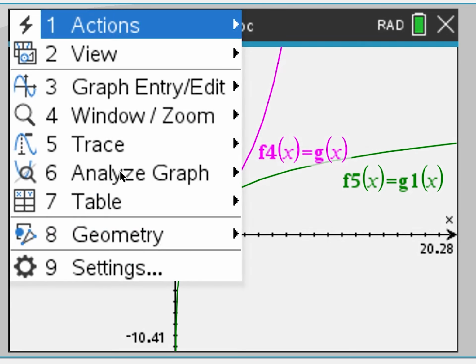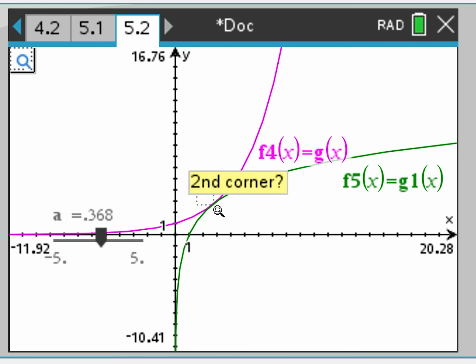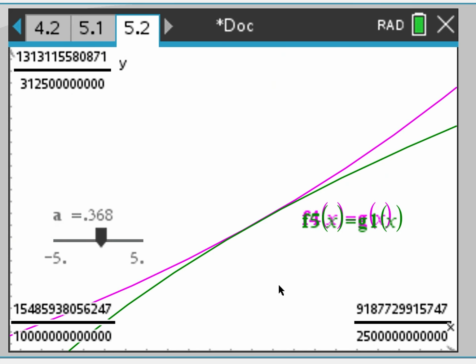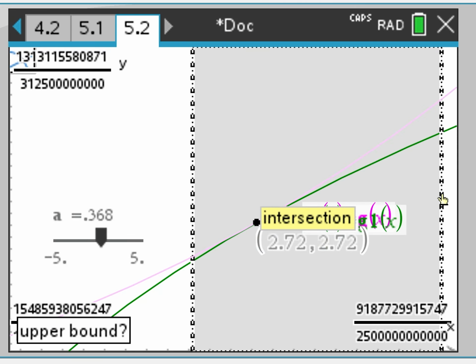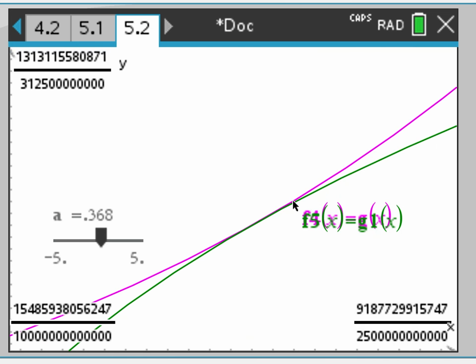So if I do menu 4, 2, yeah, I think there's only 1 intersection. So menu 6, 4. Yeah, there you go. So it is only 1 intersection, and it's intersecting at e and e, I'm pretty sure. Right, so at a equals 1 on e, we have 1 intersection.